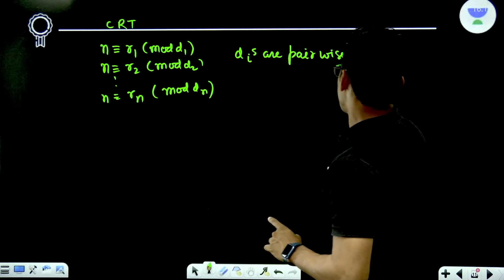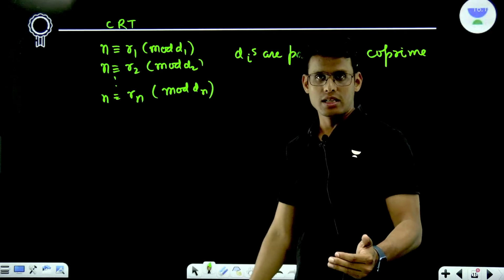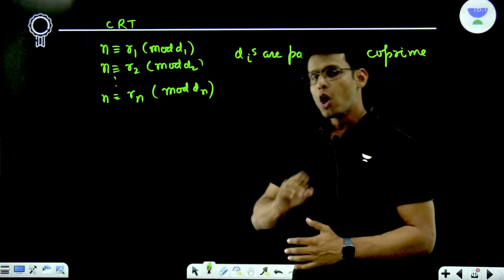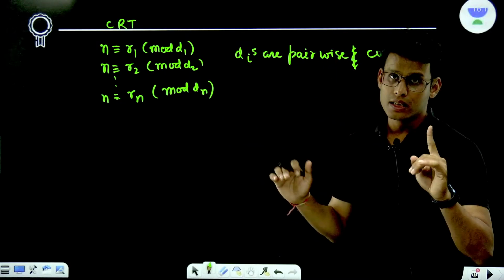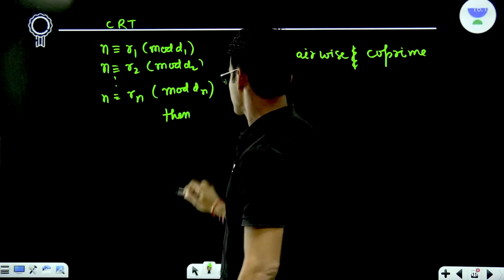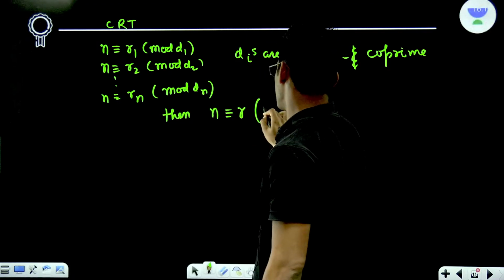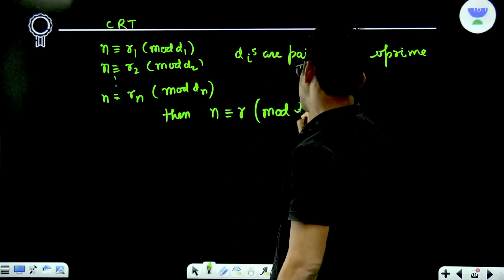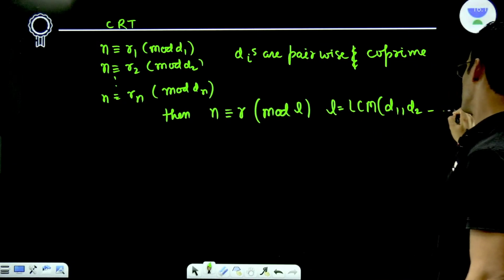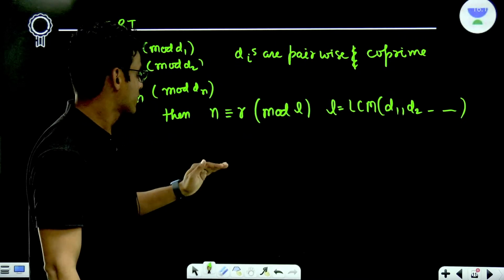What do I mean by pairwise co-prime? If I take any combination of these divisors, let's say D2 and D4, D3 and D6, D1 and Dn, all the pairs are co-prime. This is the condition. Then n will have a solution R mod L, where L is the LCM of D1, D2, up to Dn.